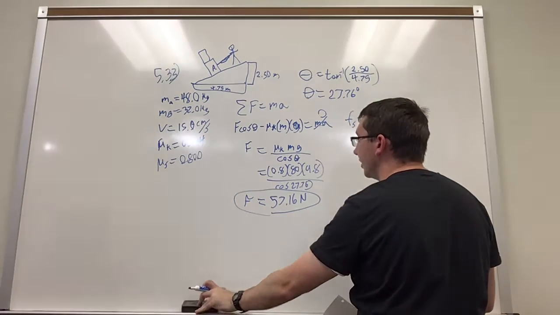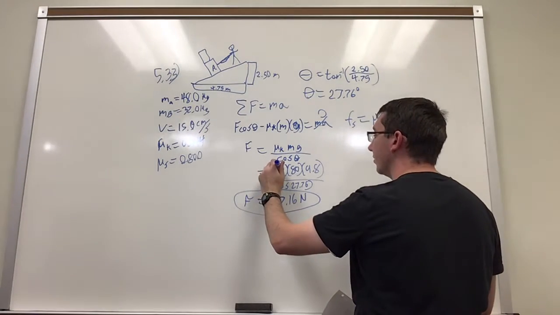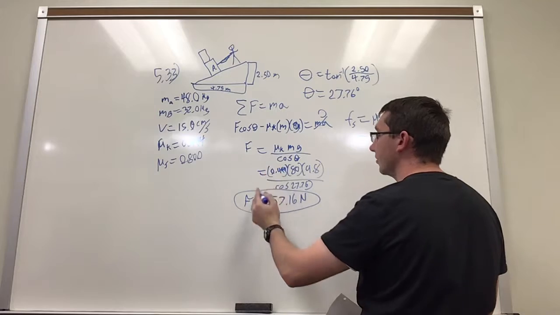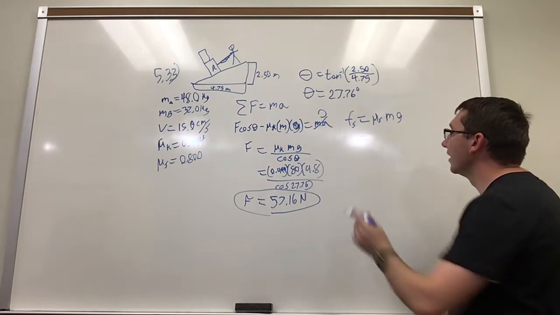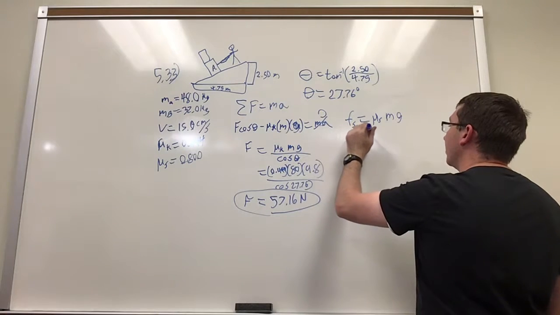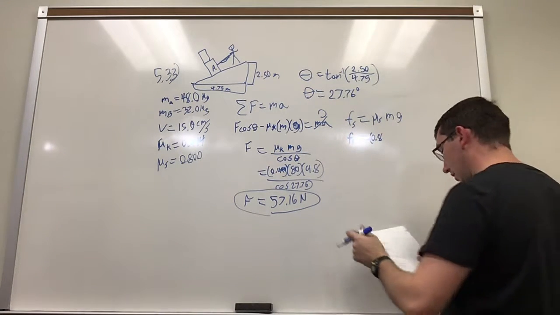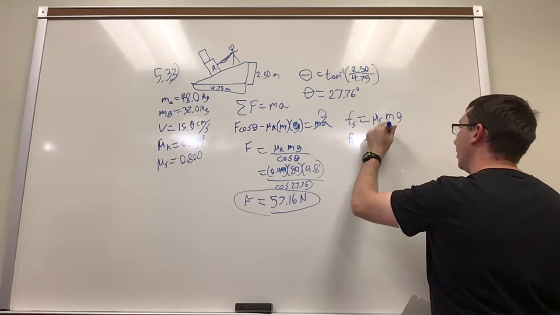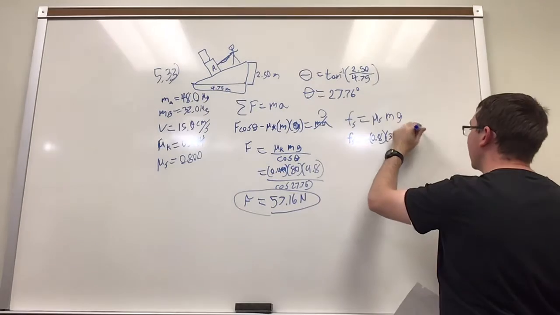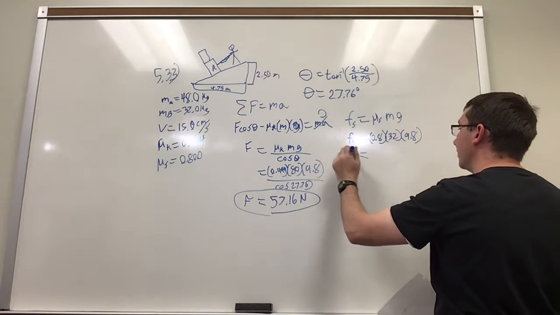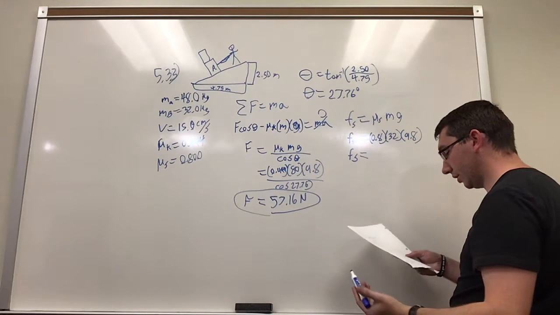I used the wrong friction here. 0.444 should be that friction there to give you that answer. Sorry, my bad. So that is going to be equal to 0.8 times 32 times 9.8.